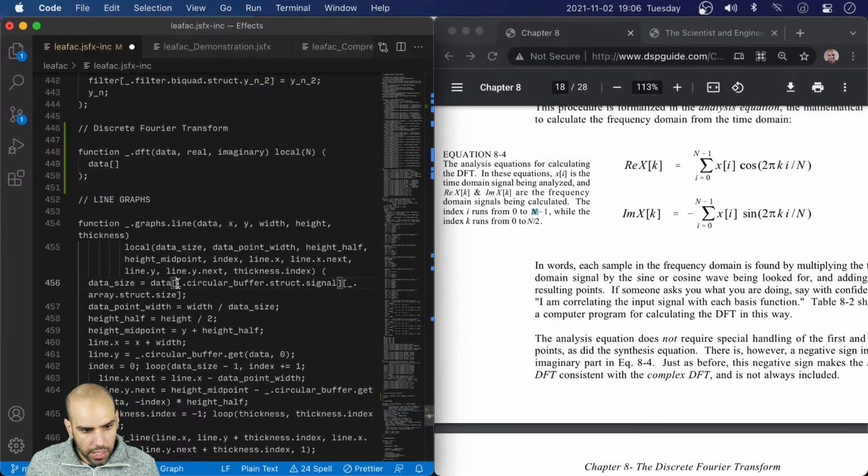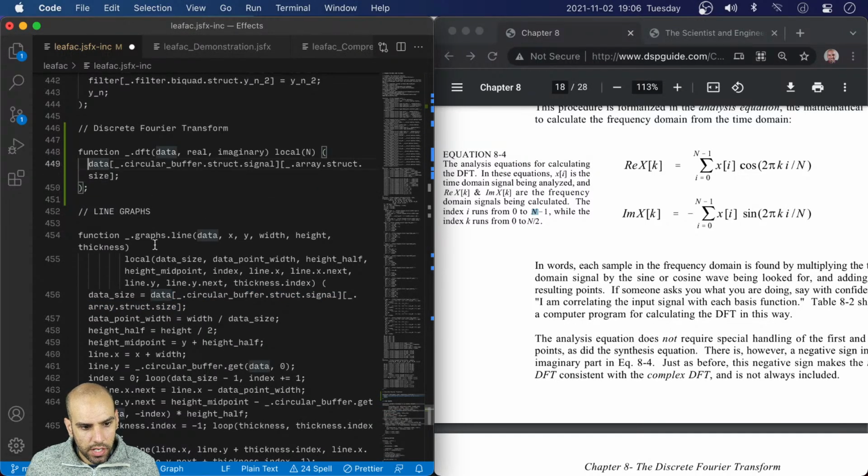From the circular buffer, we can extract the signal, and then from the array, that is the signal, we can extract its size. Conveniently, there was another use of this right below. So we'll call this the N. That's the number of samples that we are given, something like 16 or 32.